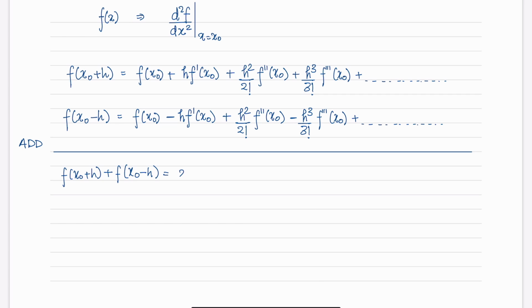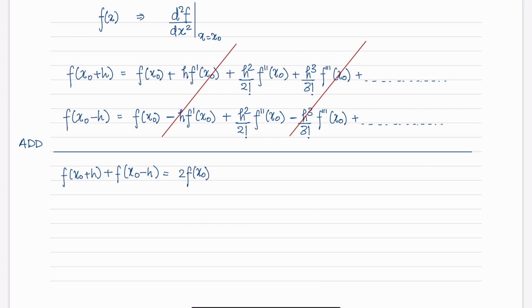On the right hand side we will get 2 times f of x naught, and not very surprisingly this term gets cancelled out, assuming that we have a uniform grid, and I'll just put a line like this indicating that this term gets cancelled out, and similarly the fourth term gets cancelled out as well.